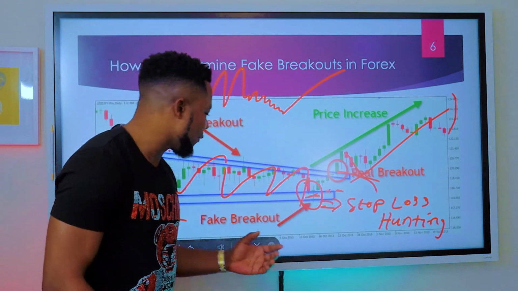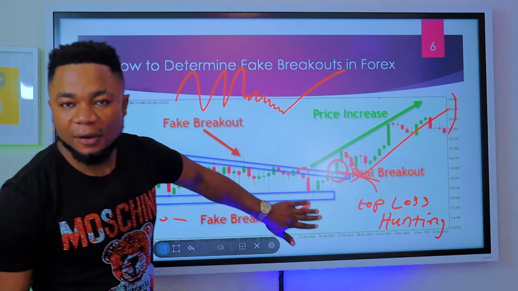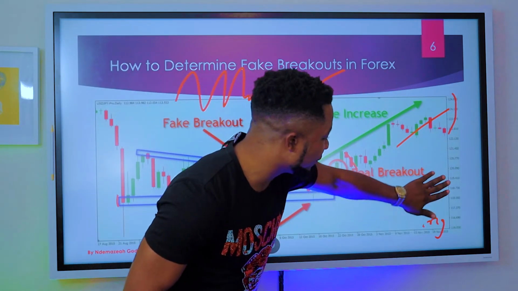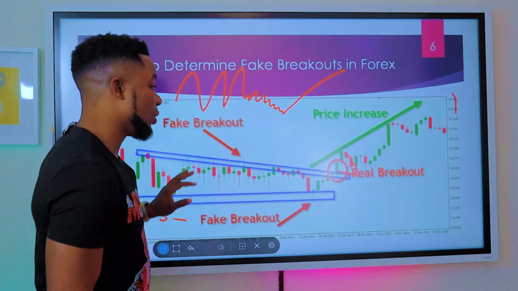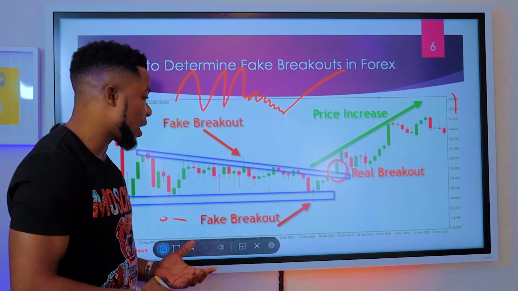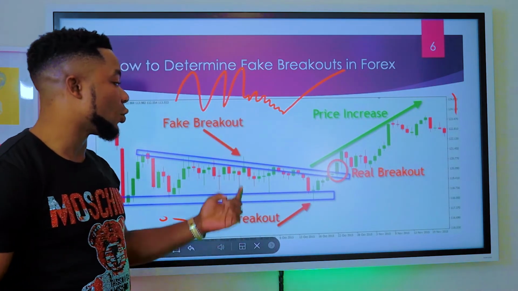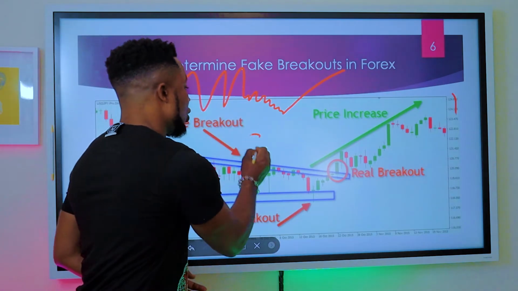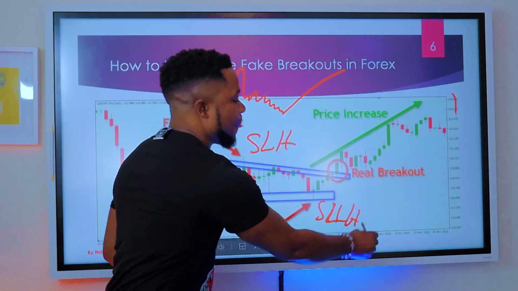So in this video, I've been able to explain to you how you can spot fake breakouts, how you can see the re-breakout, and how you can trade the re-breakout, or how you can avoid the fake breakout. So this is an example of what we call the fake breakout, or stop loss hunting.